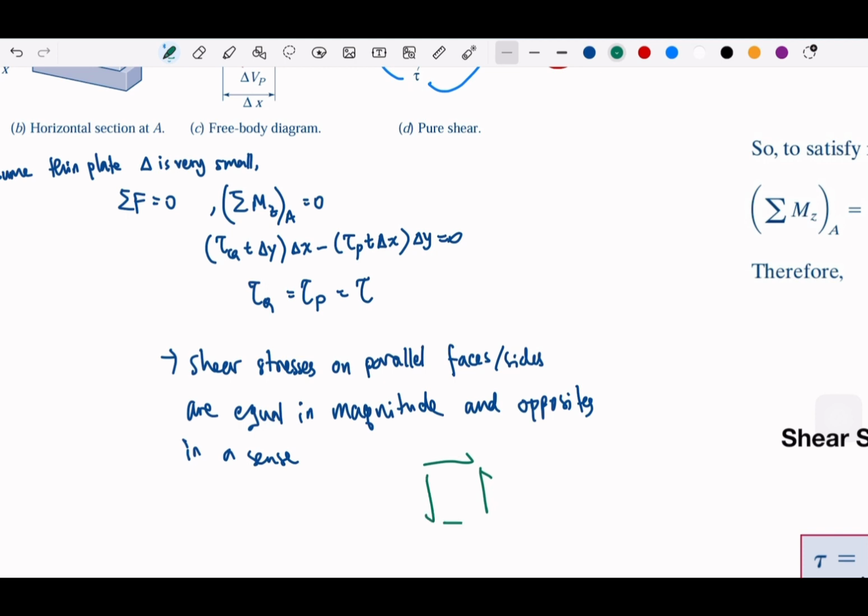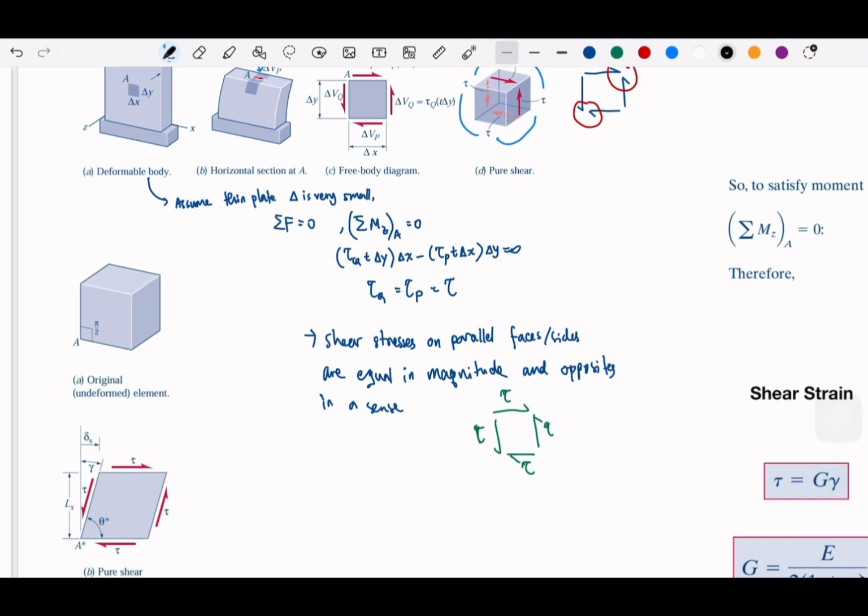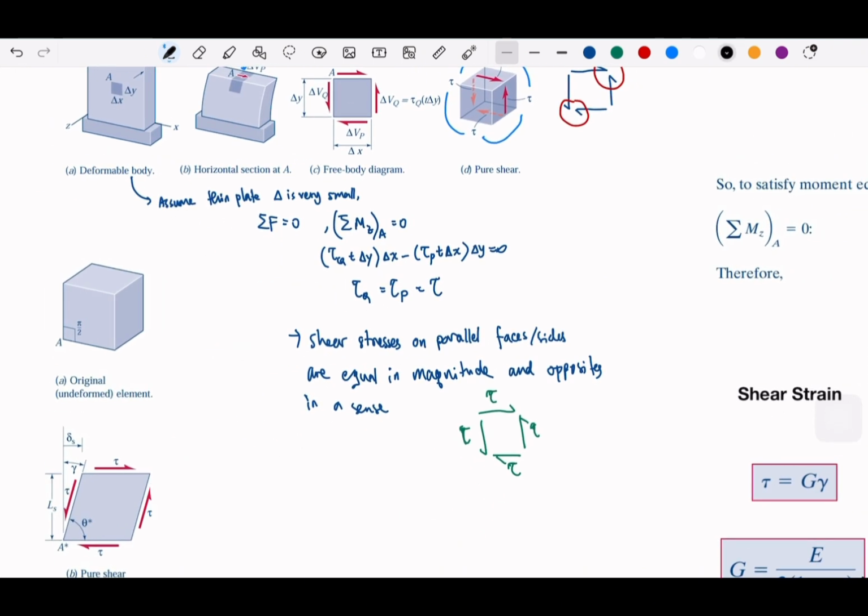Okay, so all this tau will be equal. Oh, I forgot to write here.